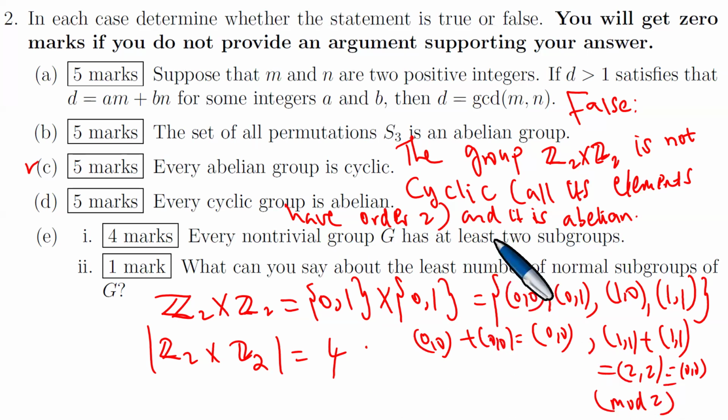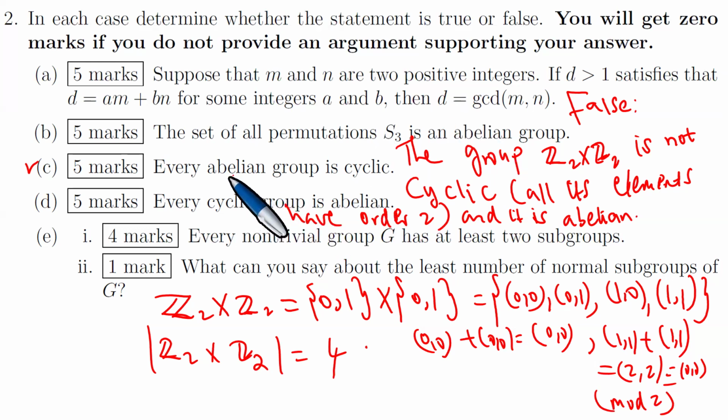So in the end, we see that this group is not cyclic because it has no single generator. The generator would be an element which you can add to itself so that it generates the whole group, but that is not the case. So this group is not cyclic.